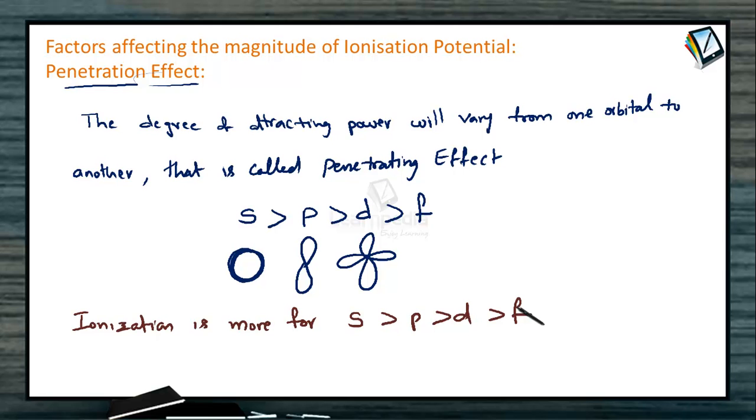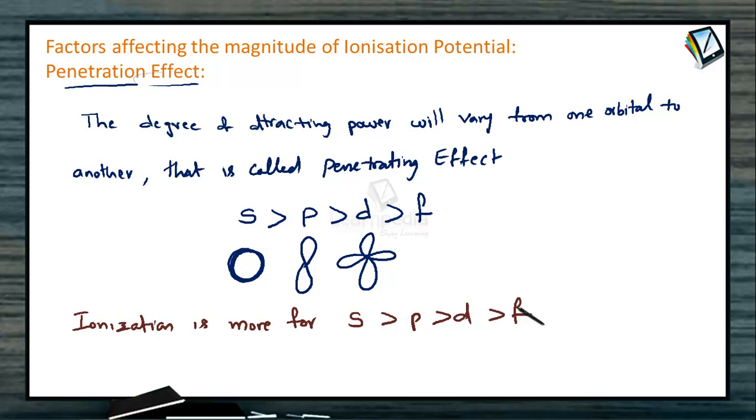So if an electron is present in the s orbital, it is held tightly towards the nucleus. So the removal of an electron from the s orbital is difficult compared to p, and when compared to p and d, the packing of electrons towards the nucleus is strong in p orbital compared to d, and compared to d and f, the binding capacity or the tight packing capacity of electrons towards the nucleus is more in the d compared to f.